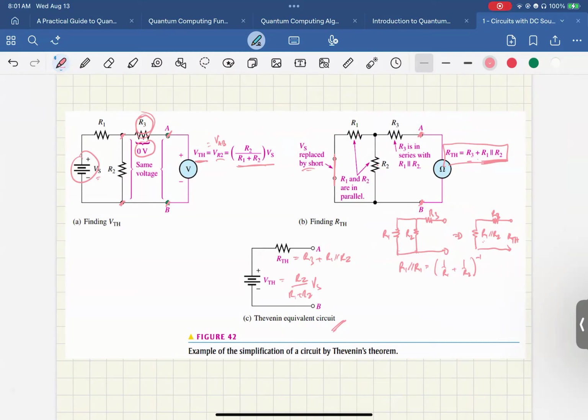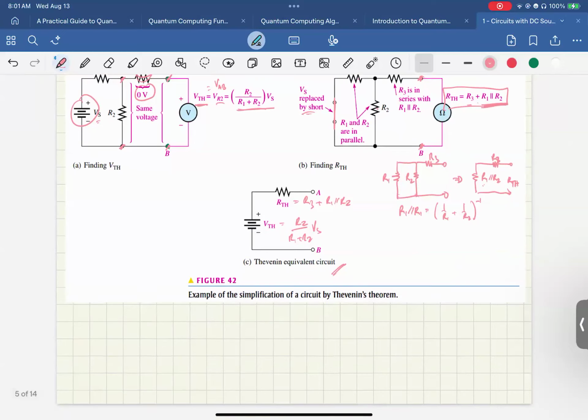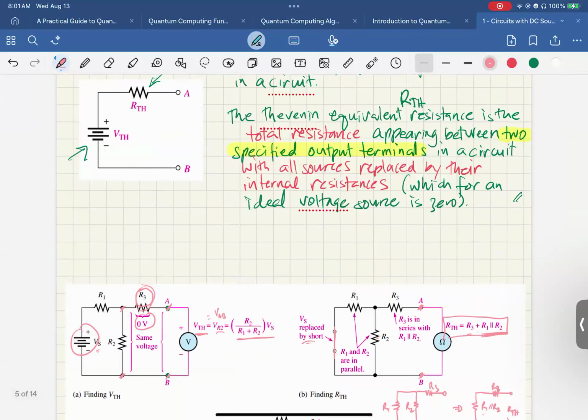Clarifications? Okay, if there are no questions or clarifications, let's continue.